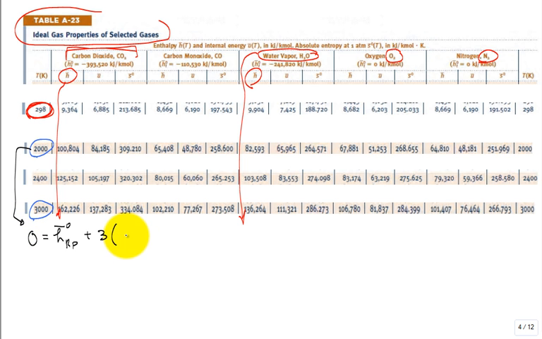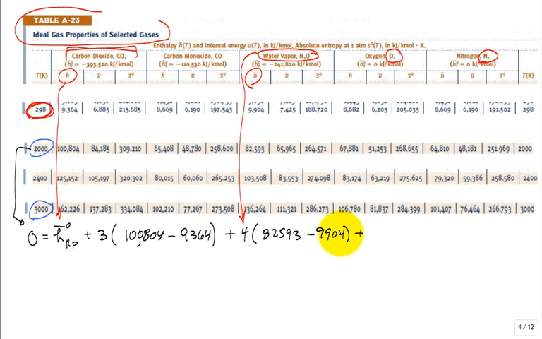So this would be the enthalpy of carbon dioxide at 2,000, 100,804, minus the 9,364. That's the carbon dioxide. Then we had how many water vapors? 4. And then what did we have for the standard enthalpy at 2,000? 80,259 minus 9,904.